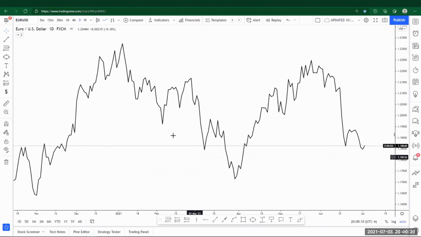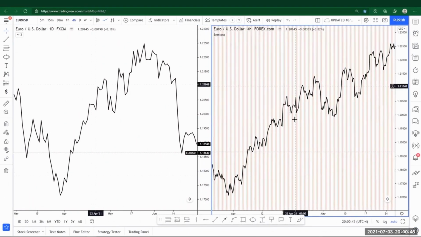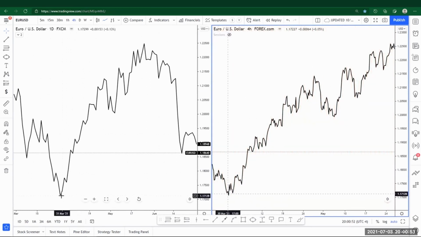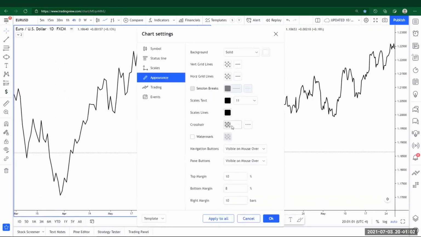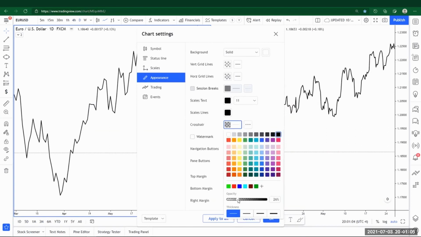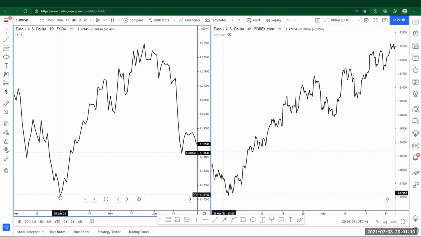Okay, so for example, on the right, 4-hour, on the left, daily. As you can see, whatever I do on the left is mimicking it on the right. Okay, let me fix this, make it a little darker for the opacity. Okay, low, high. But within this price swing on the daily, you see you have a wave here.